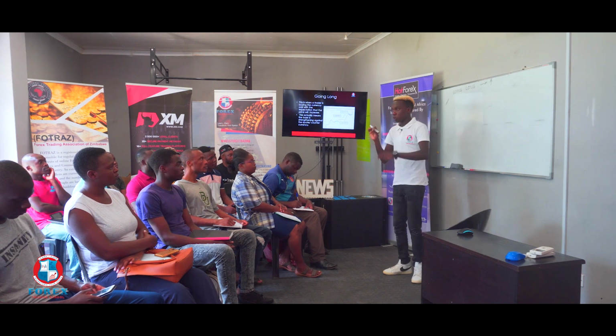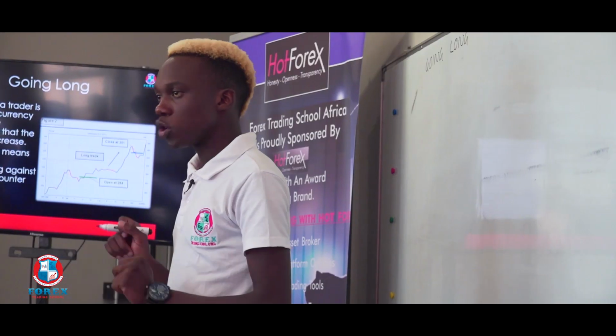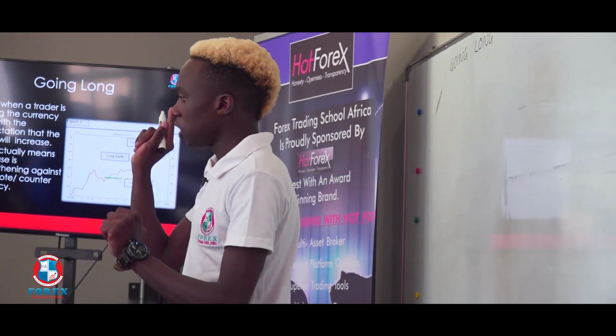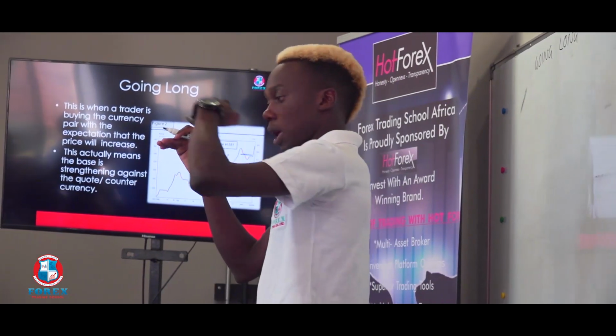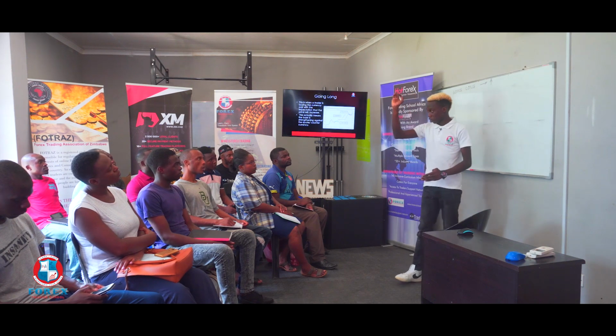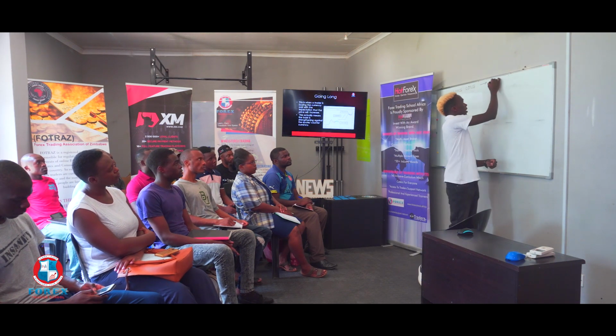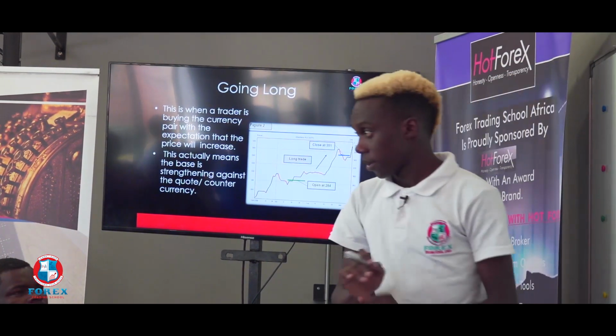So whenever you're expecting the exchange rate to go up from 13 all the way to 15, you simply go onto your platform, click a new order, and then click buy. That instruction says, from the exchange rate of 13, I'm expecting it to go up. So you buy whenever you expect the exchange rate to go up.